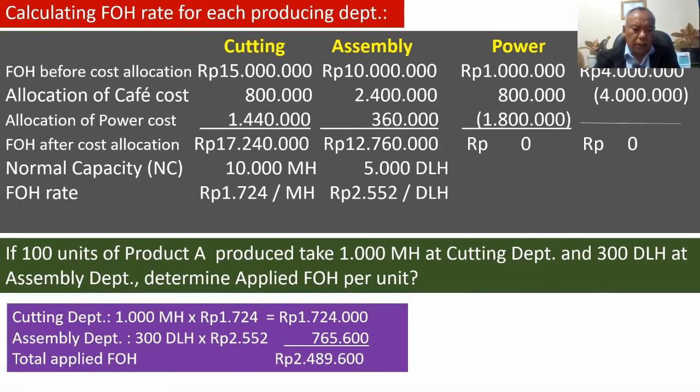So we can calculate the cutting department costs that are assigned to product A, the actual capacity times the factory overhead rate for cutting. So 1,000 machine hours times 1,724.